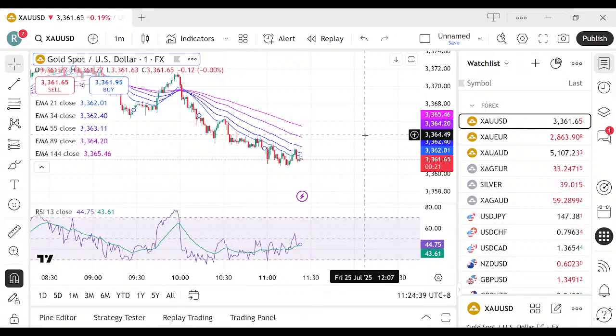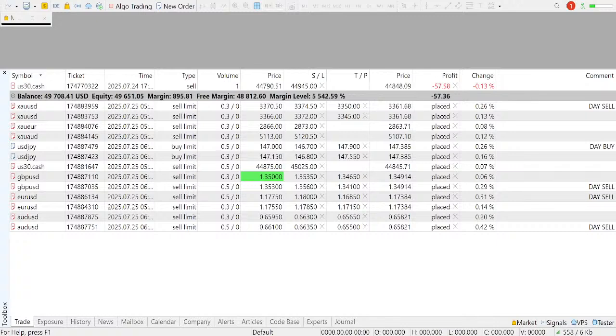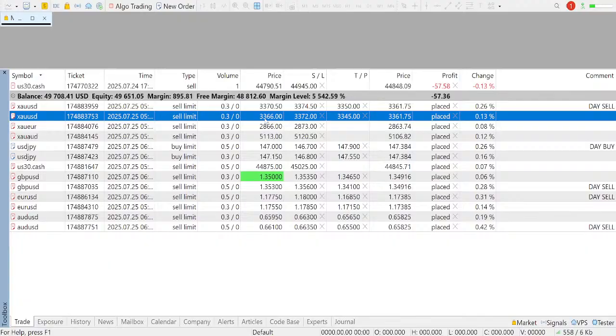Okay, so what we will do, we will go for two types of entries and two targets based on the price action. Now we have given a sell. We were trying to sell at 66, but unfortunately the order was not filled.